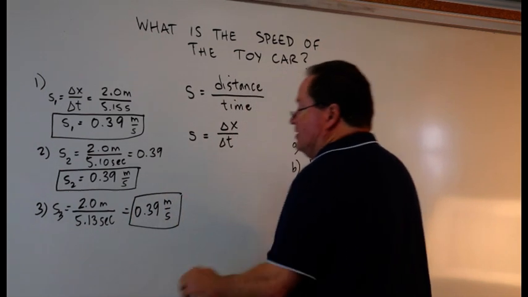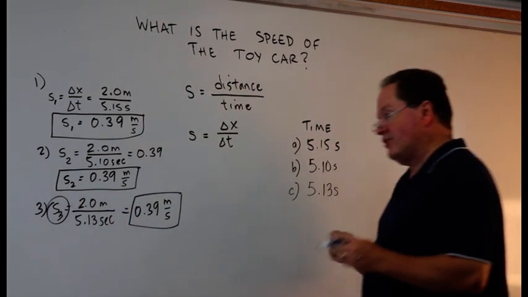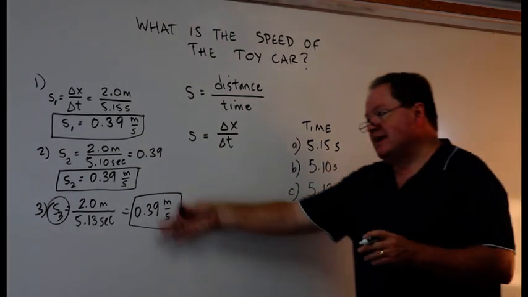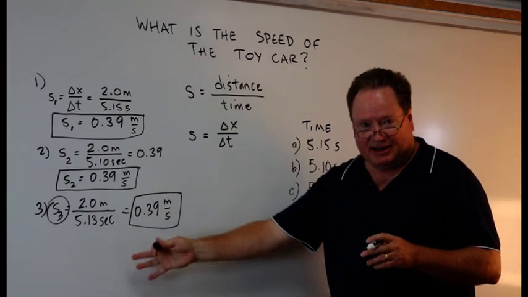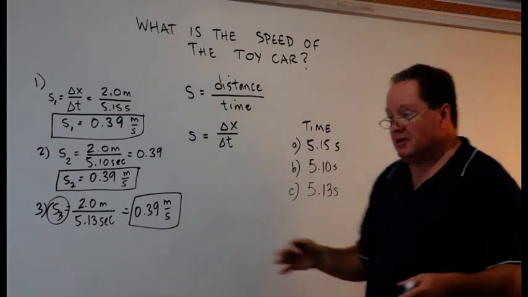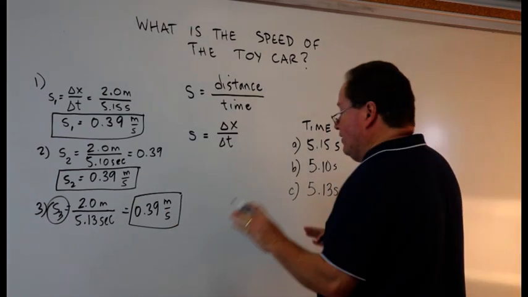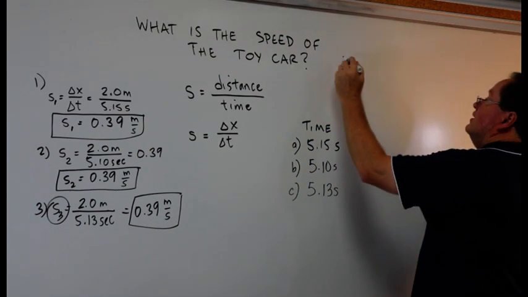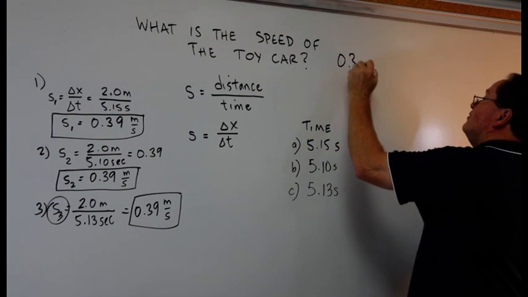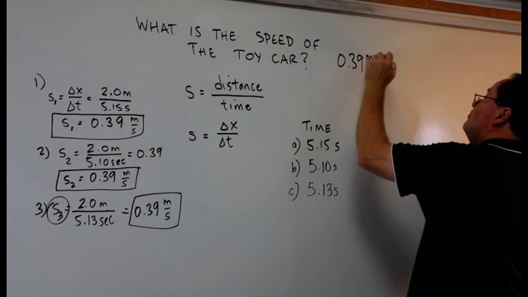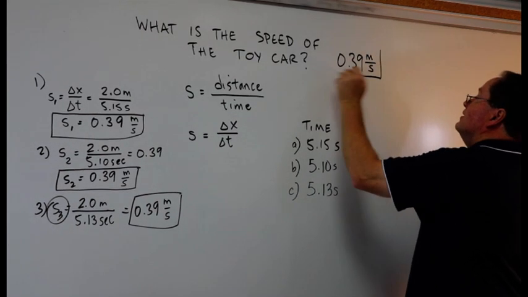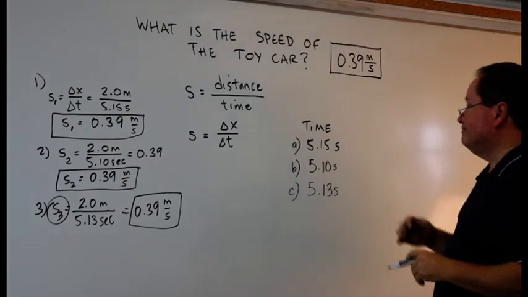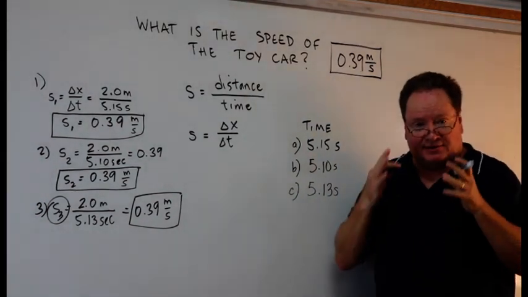So that is our speed for our third trial. I don't really need to average these to get an average speed, because they're all the same number. The speed for our toy car is 0.39 meters per second. That's how we determine speed.